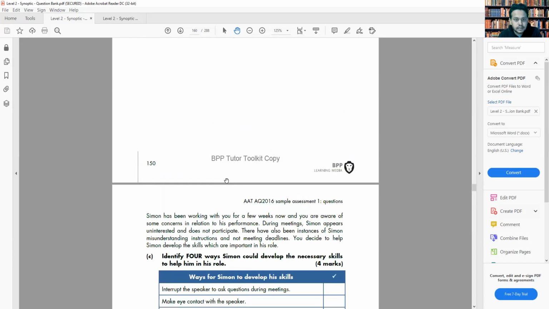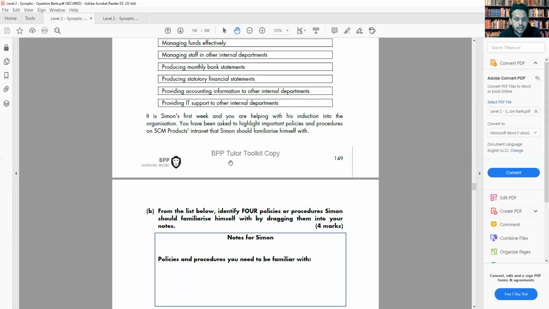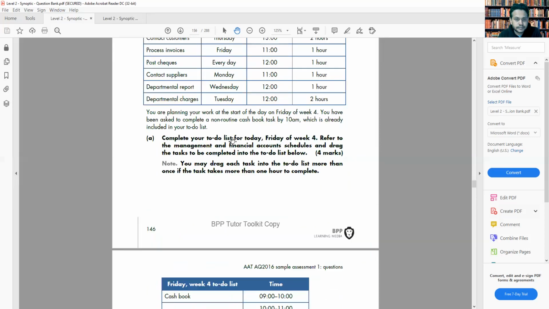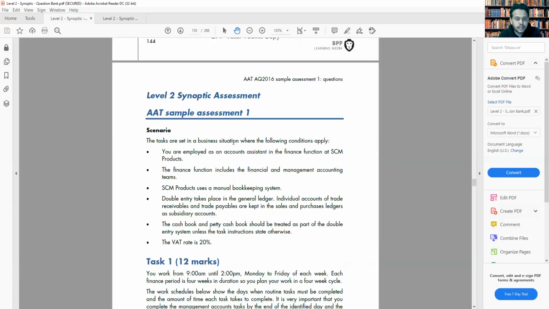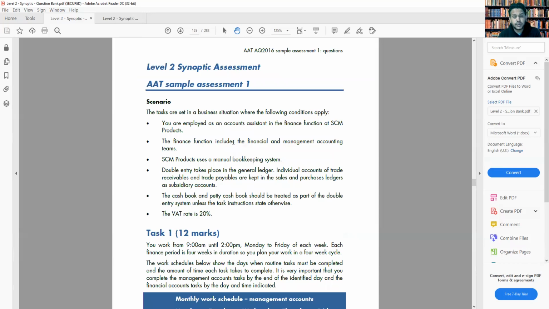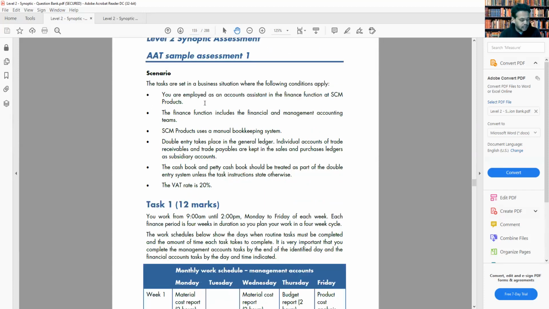So let's have a look at the first question, from the AAT sample assessment 1. Let's read this question.